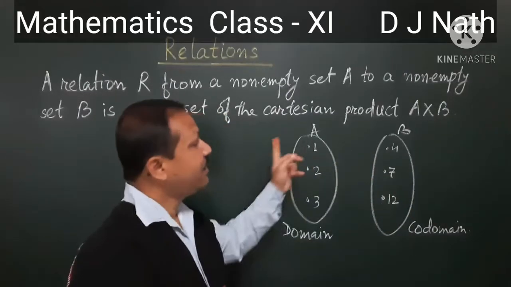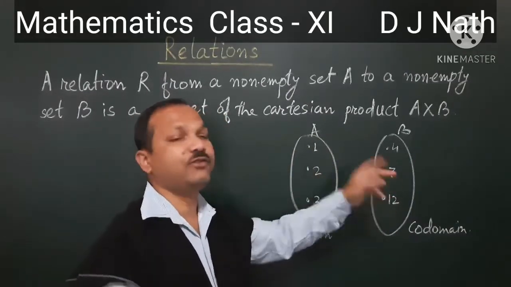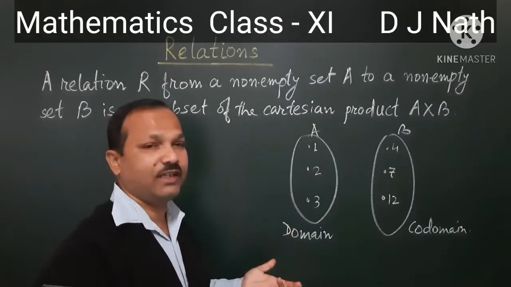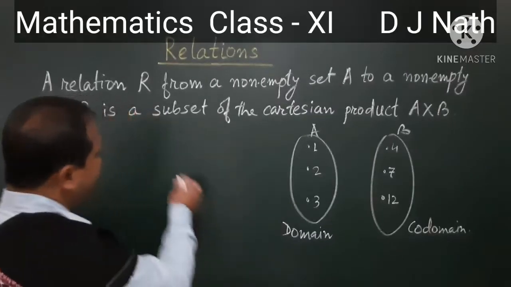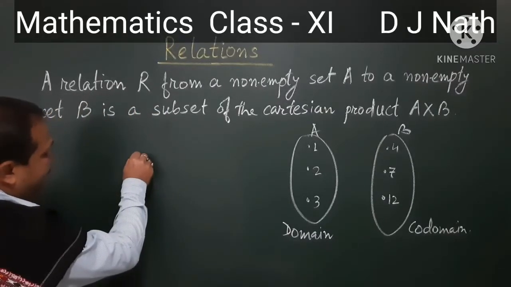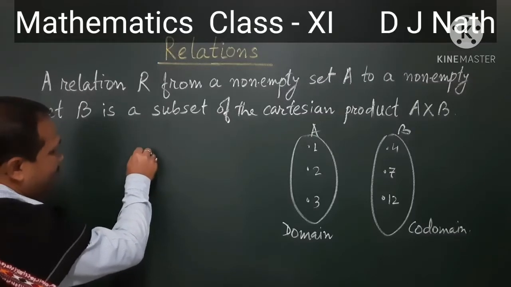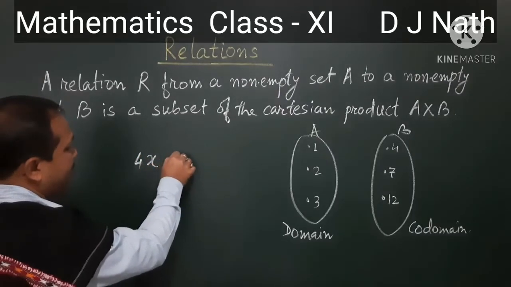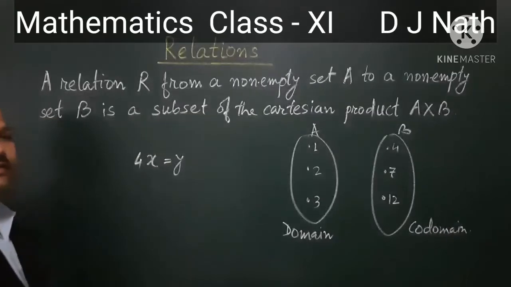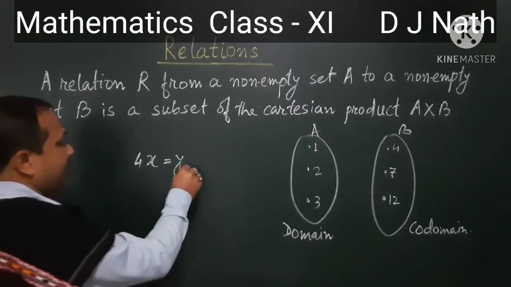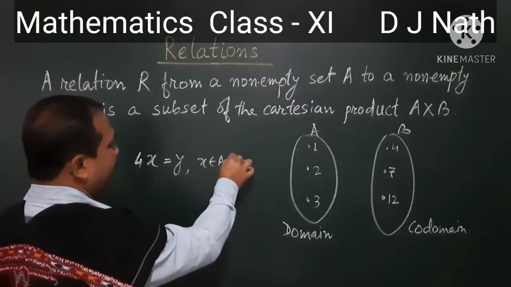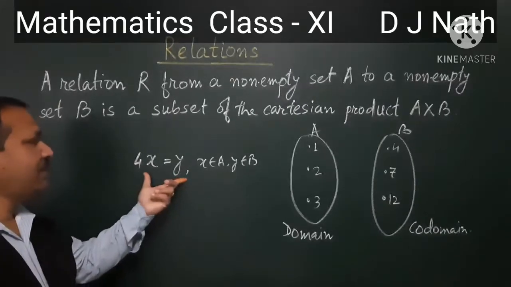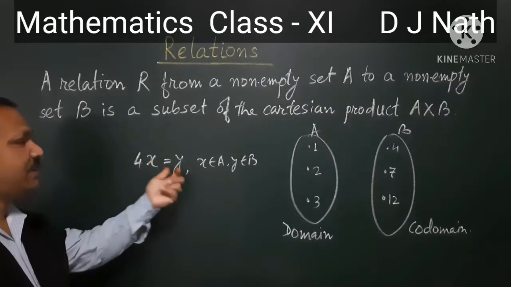And there will be a condition for how we can relate these two sets. The relation has come from our day-to-day life also, we know that many relations are there. So, the condition is 4x is equal to y, where x belongs to set A and y belongs to set B. This is the condition, 4x is equal to y.